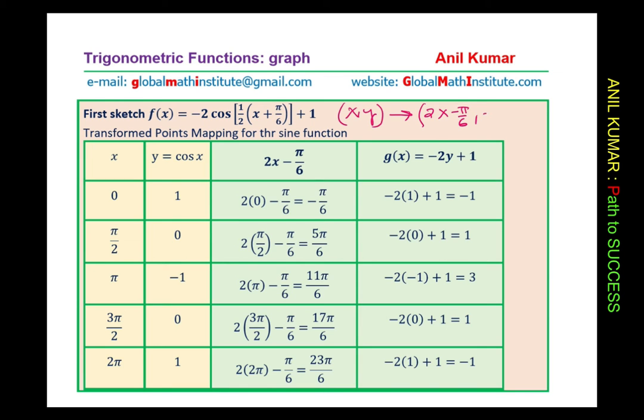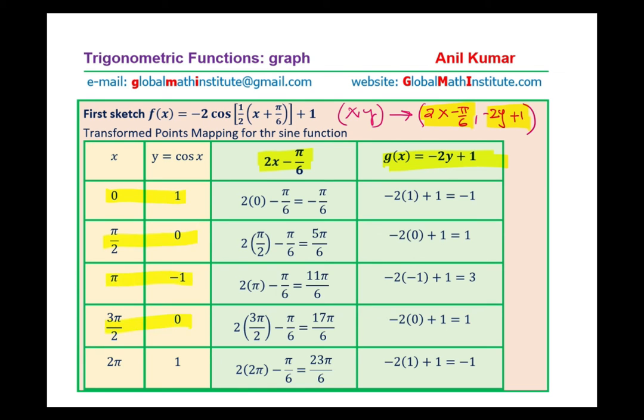The y values were multiplied by minus 2 and then we added 1. So as you can see, these are the x transformed points and these are the y transformed points. The calculation is done starting with maximum going to axis, minimum, axis, maximum. And once you do that, you get these particular points which are from minus 1 to 3, right?